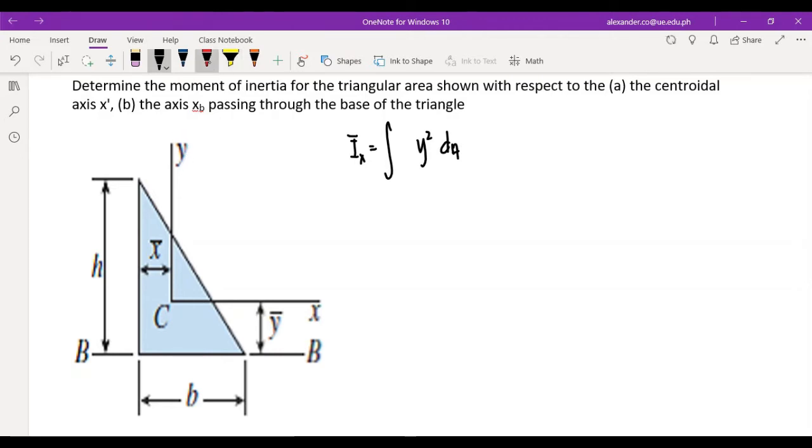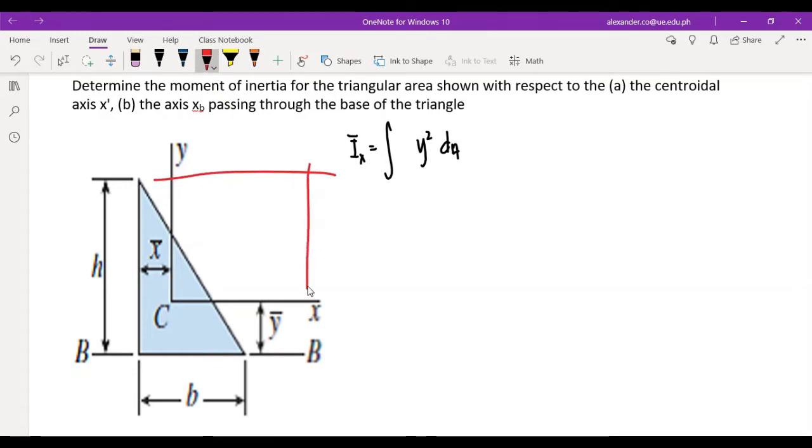But what is the upper limit? Since the basis is on the centroidal axis, let me just draw.